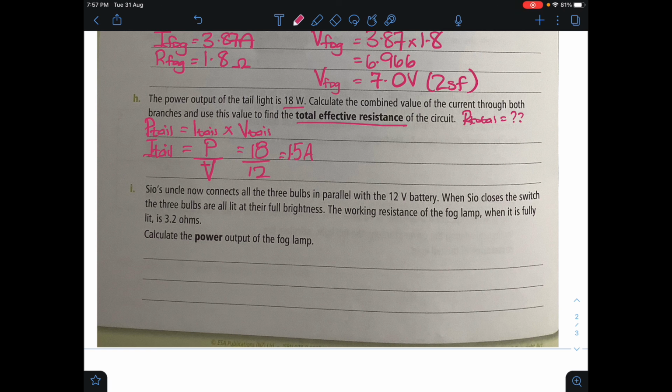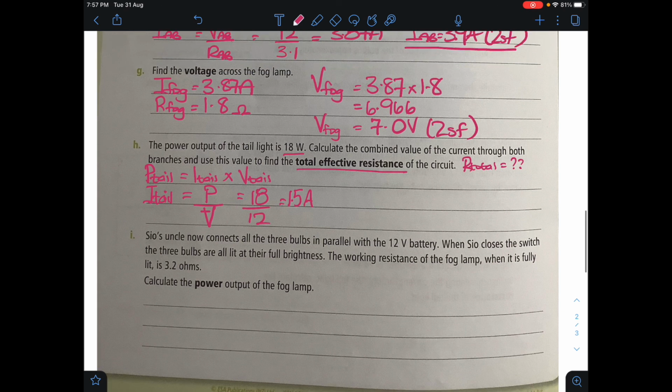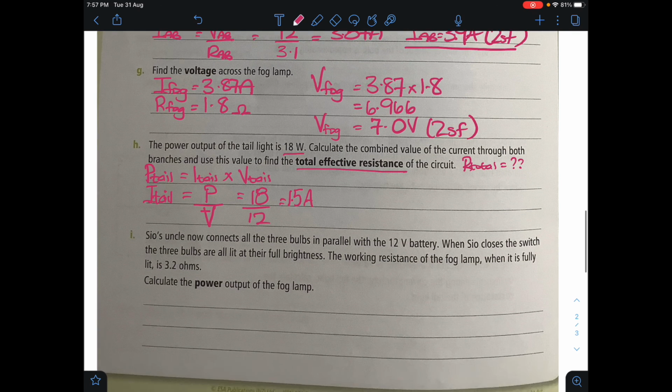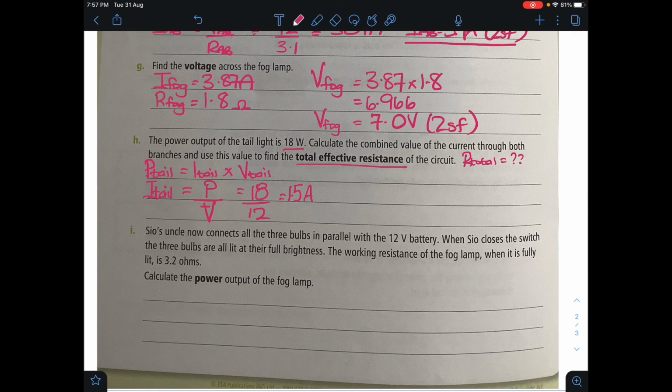And we've already worked out the current through the top loop back here, 3.87 amps. So the circuit current, or the current through the whole circuit, is 1.5 plus 3.87, which gives us 5.37 amps.